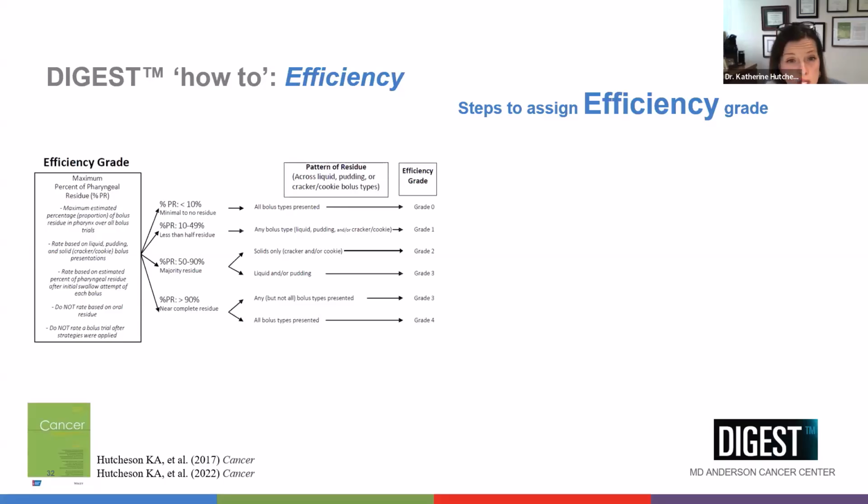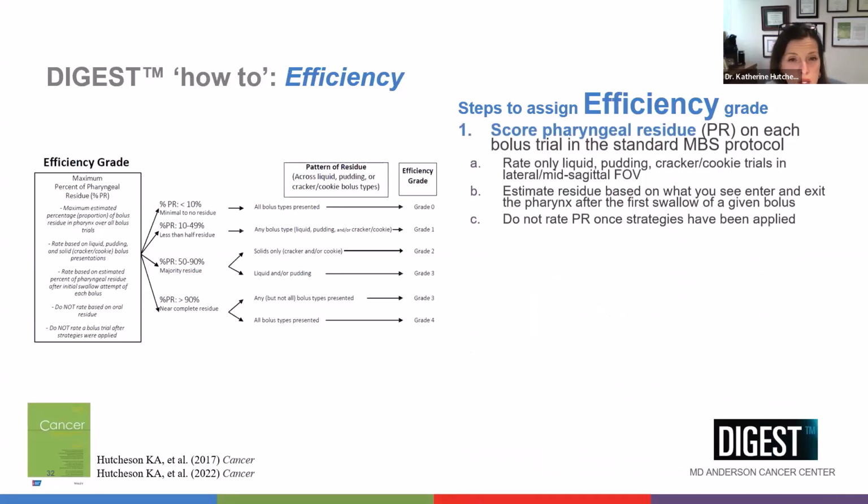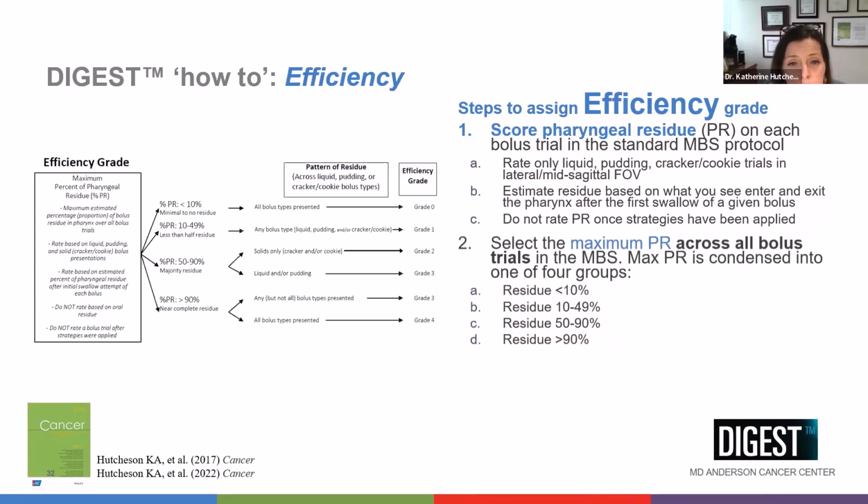Likewise, for efficiency grading, you start with an estimation of pharyngeal residue on each bolus trial in the protocol, and this is made at the end of the initial swallow of that bolus. You don't have to be exactly right on residue, you just have to get in the right range.